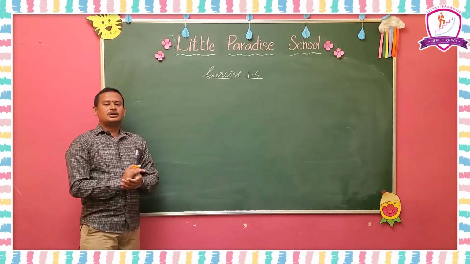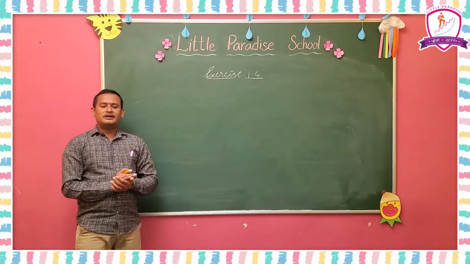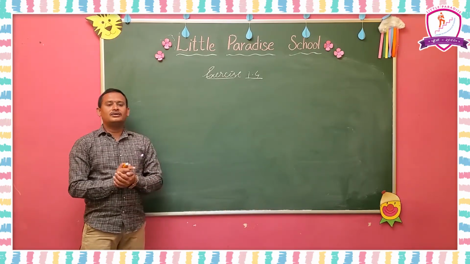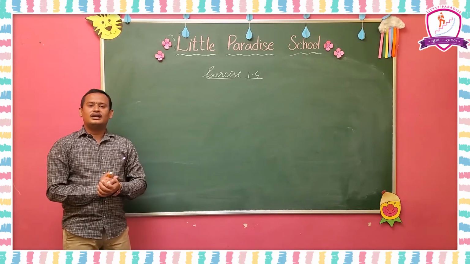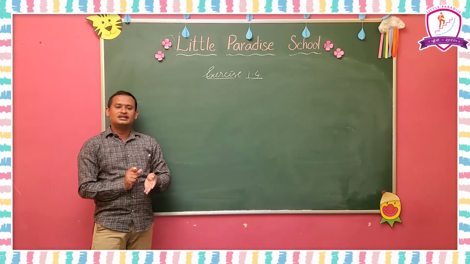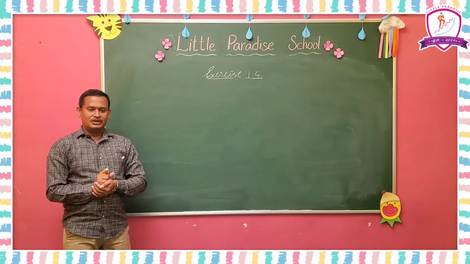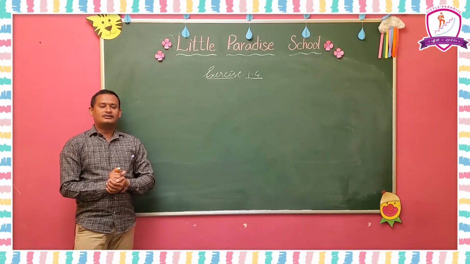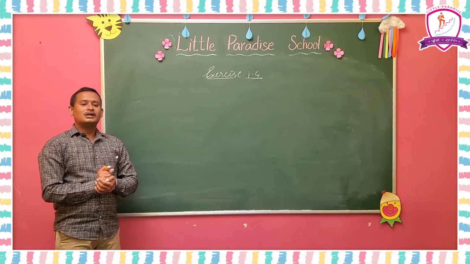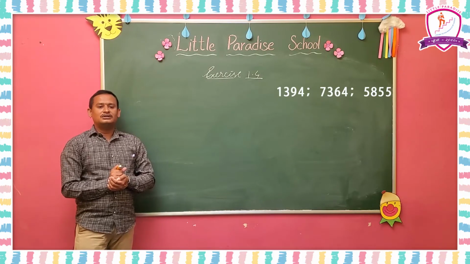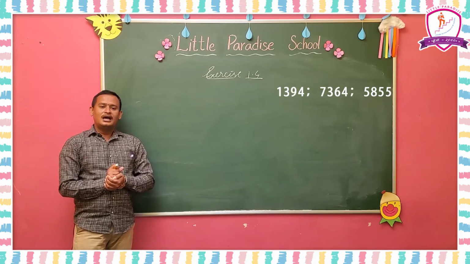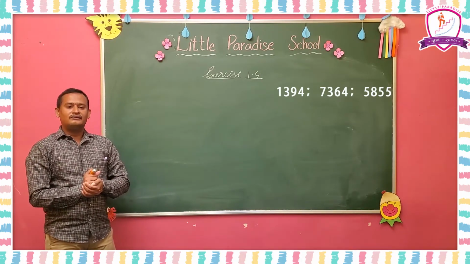Next one. I am going to explain the 9th question in exercise 1.4. Add the following numbers and round off their actual sum to the nearest hundreds. First we have to solve that. The numbers given are 1394, 7364 and 5855.